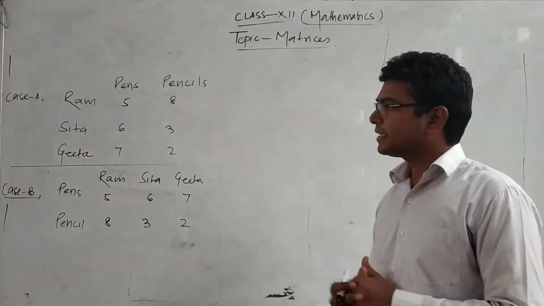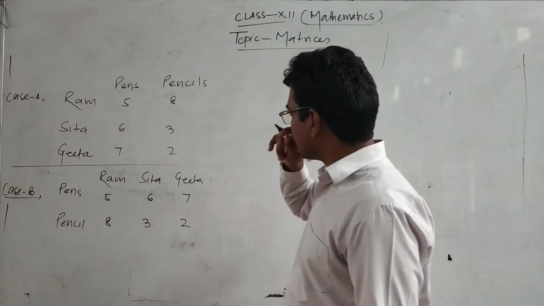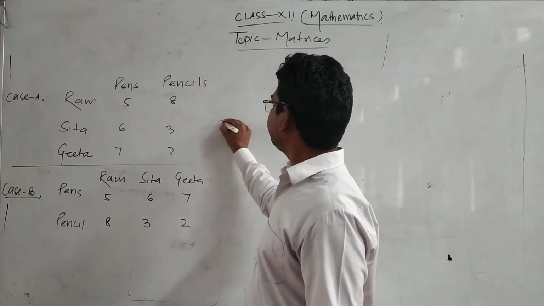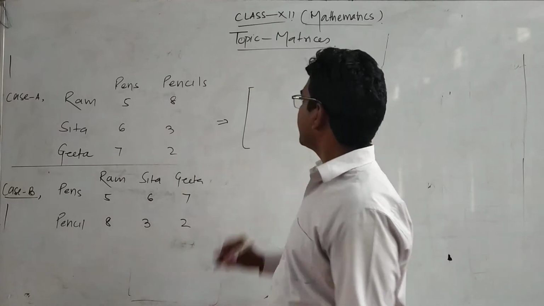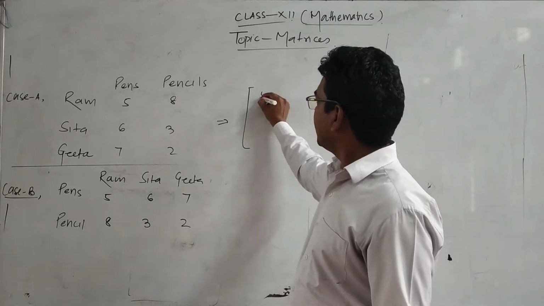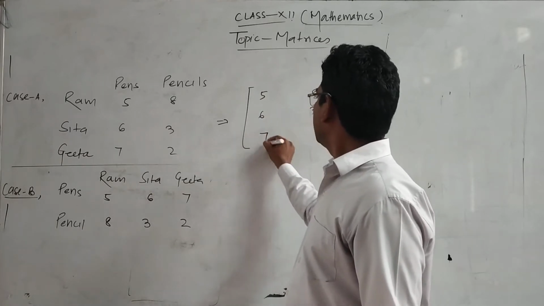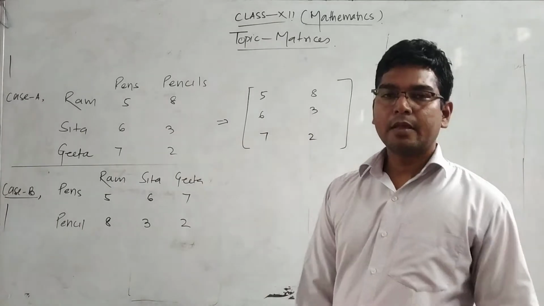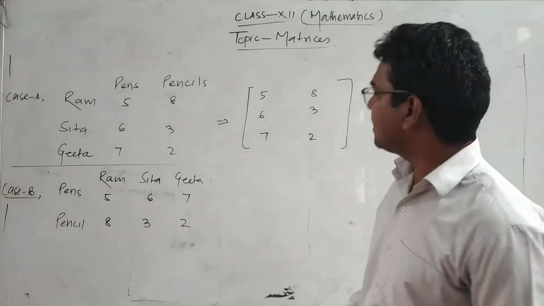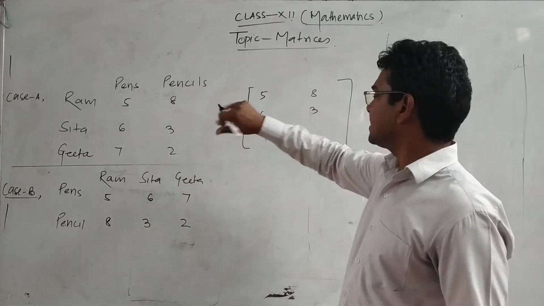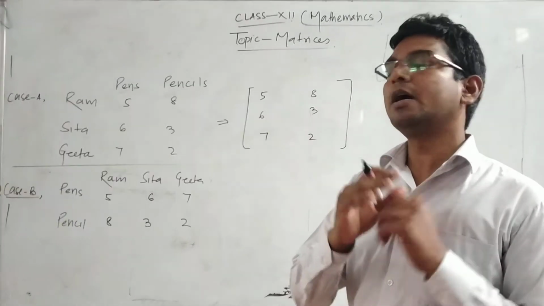This same information can be arranged in another way. This information can also be expressed like this, with the help of a square bracket, without changing the information provided in our tabular form. Clearly from here the information remains as it is. 8 is the number of pencils purchased by Ram.